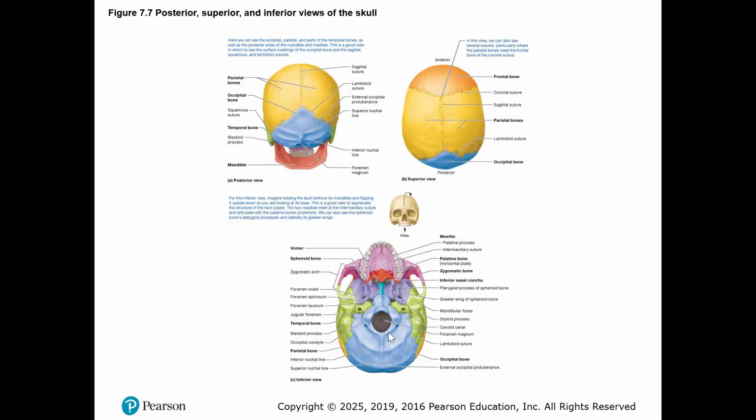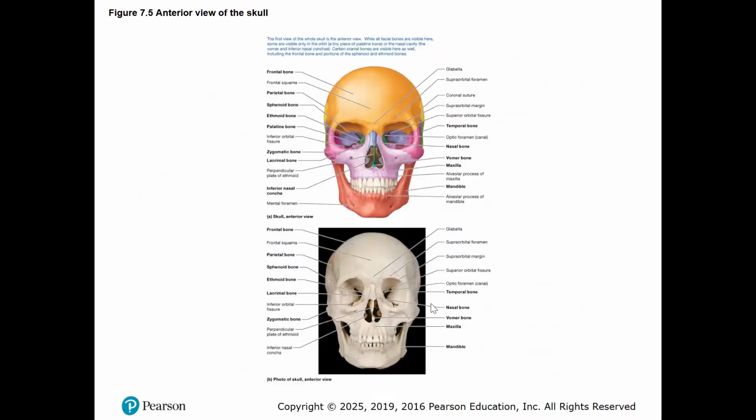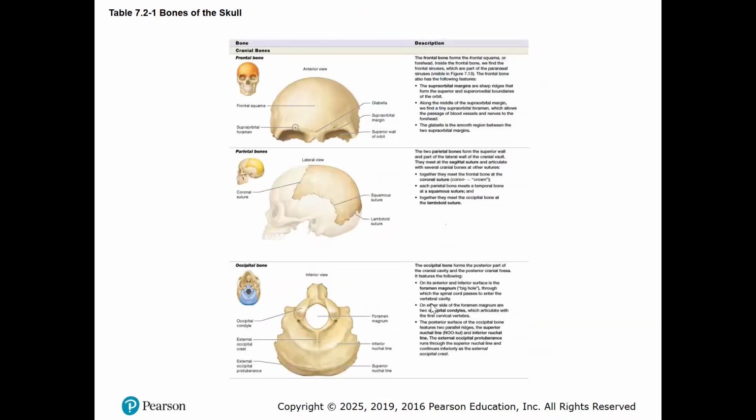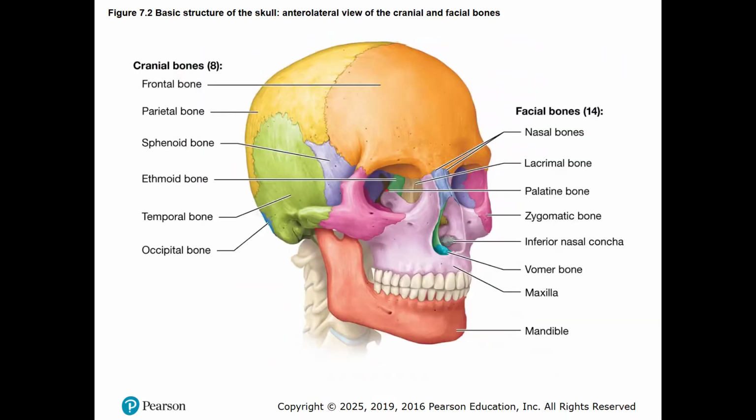It forms the posterior part of the cranial cavity, and the major aspect of the occipital bone is the foramen magnum, meaning big hole, where the spinal cord is going to pass through. And you see these occipital condyles here that are going to articulate with the atlas vertebra, the C1 vertebra. Let me go back up here again.